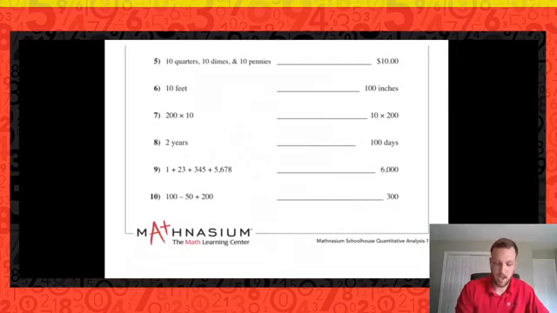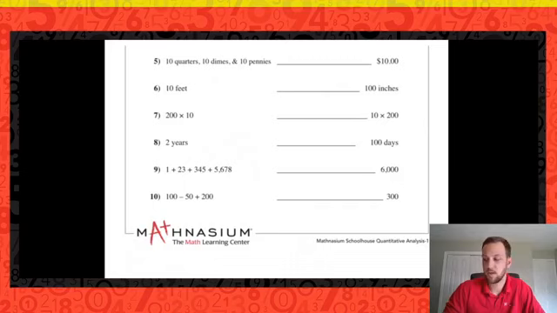So I want to look at number 1. Is 20 plus 30 plus 50 greater than, less than, or equal to 100? It might be easier to do that if we know how much 20 plus 30 plus 50 is.